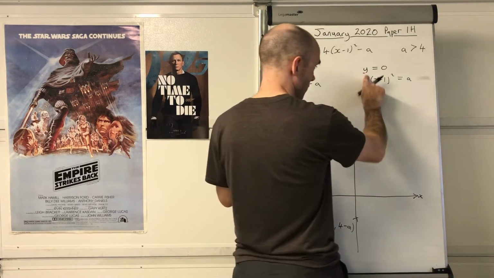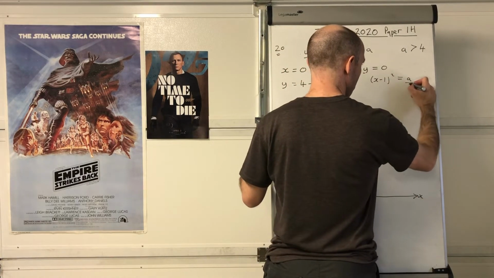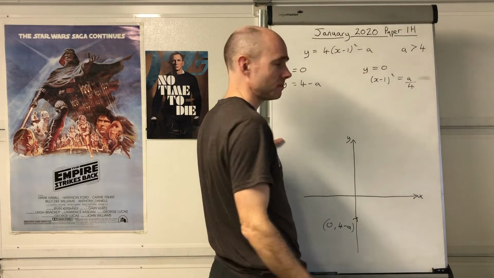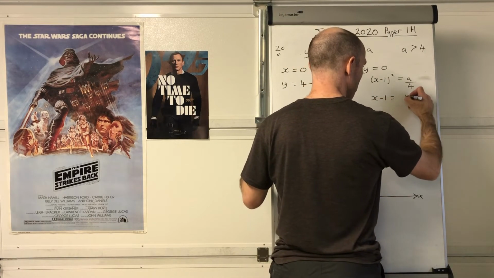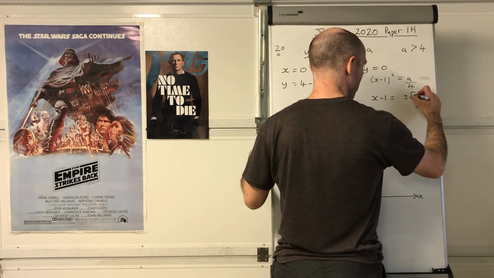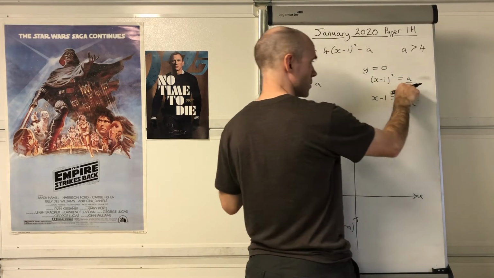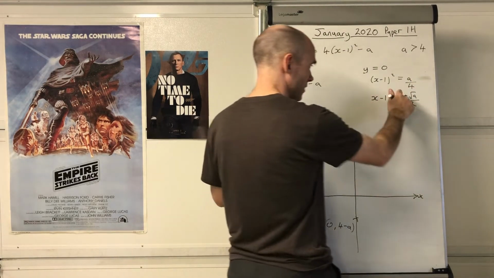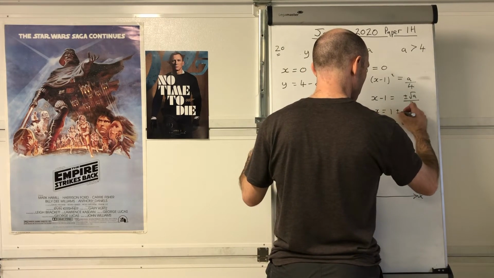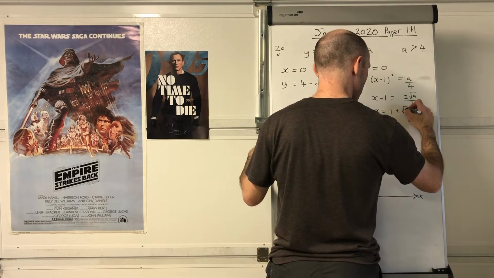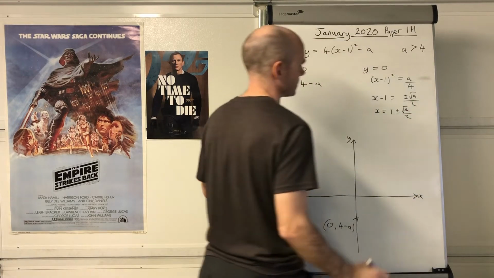Bring the 4 to the other side, so you've got equals a over 4. Square root both sides. So x minus 1 equals positive or negative root a over 2. Remember, you square root at the top and bottom. Add on 1 to both sides. x equals 1 plus or minus root a over 2.